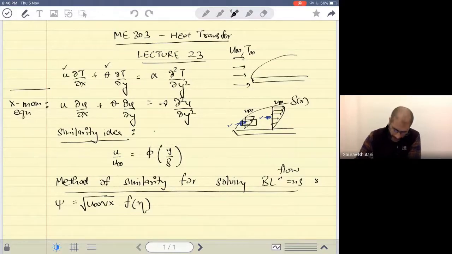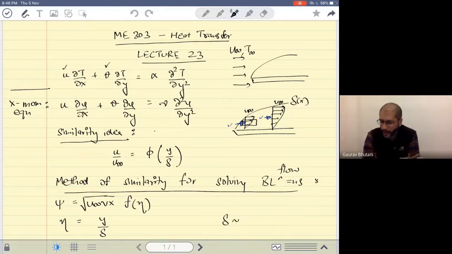So this eta here is our similarity parameter. So this is given as y upon delta, where delta is the boundary layer thickness, and we can in fact show using the order of magnitude analysis to estimate this boundary layer thickness delta, and this delta goes as square root of nu x upon u infinity.